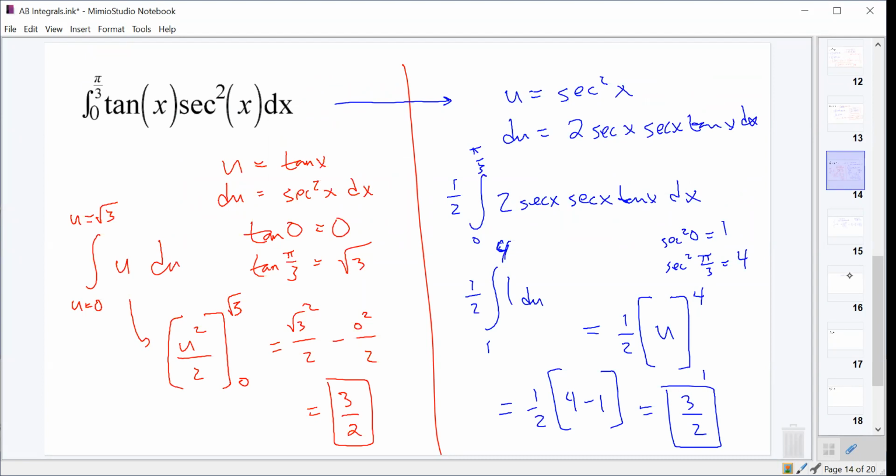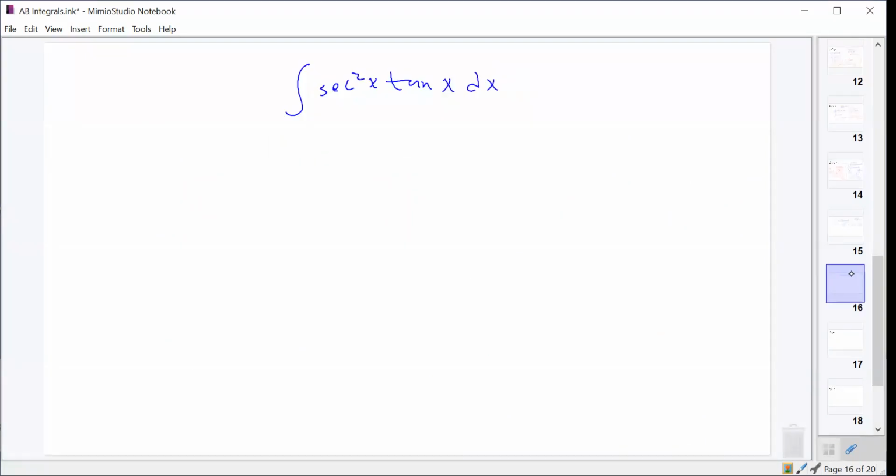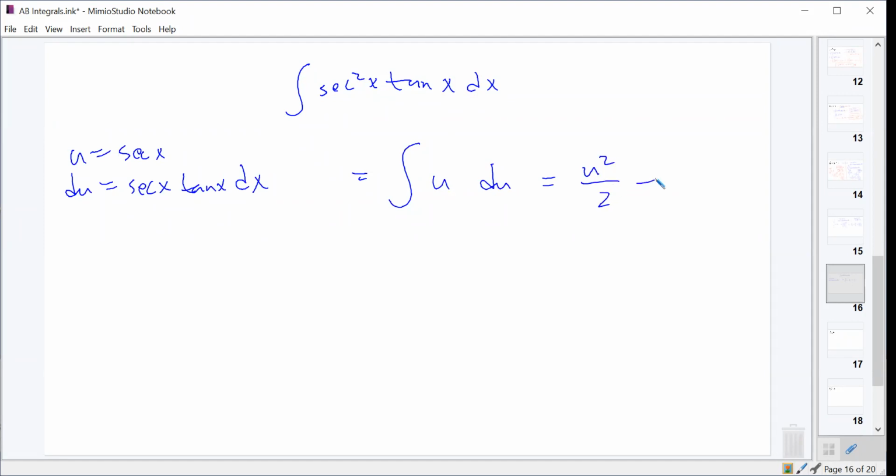Secant. Okay. So let's let u equal secant x. And so like we said a minute ago, du is secant x tangent x dx, right? This is all what we just did a minute ago. So this becomes an integral of, well, the secant tangent dx becomes our du, and the other secant becomes our u, and we get u squared over 2 plus our constant, right?